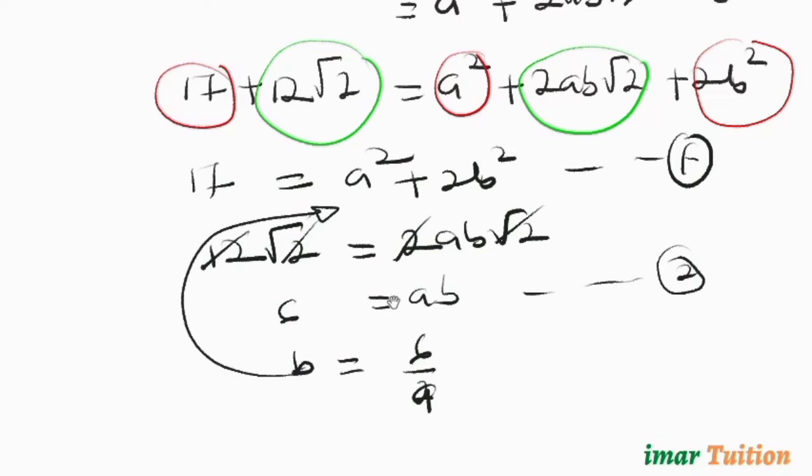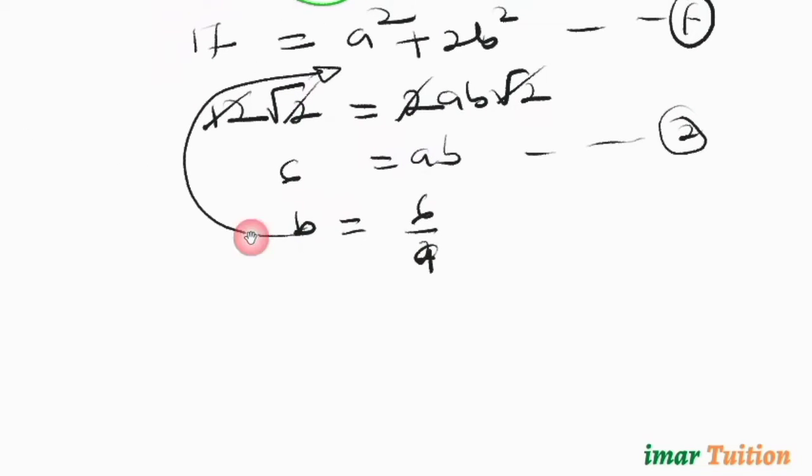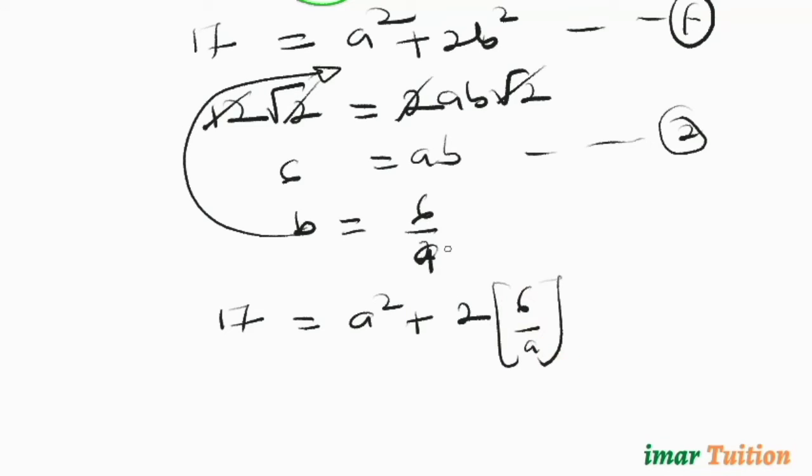Equation 1 is 17 equal to a squared plus 2 times b squared, where b is 6 over a.